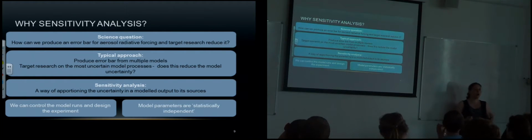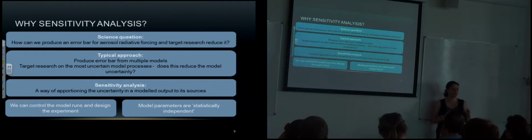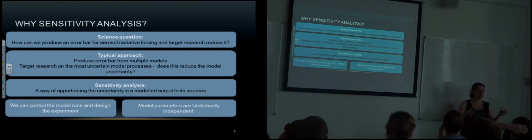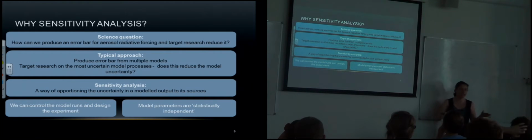And then they were targeting their research on the most uncertain model processes or parameters, okay? But they didn't actually do the step of asking: does that process or parameter affect what happens to the aerosol at the end? We know we don't know much about this. Does it matter or not? That was where they didn't know anymore, okay?